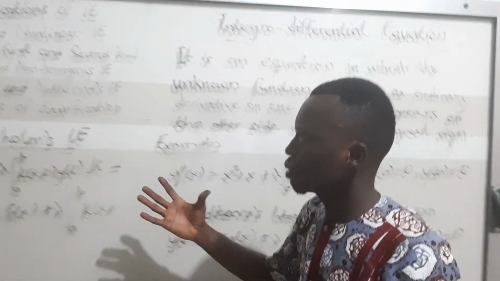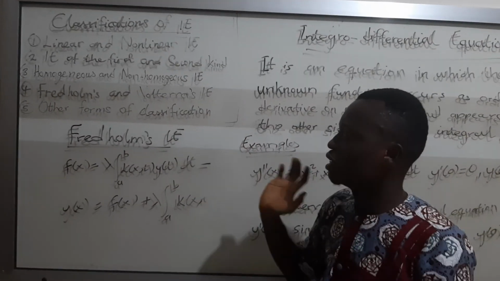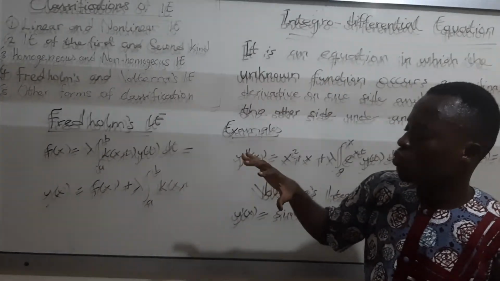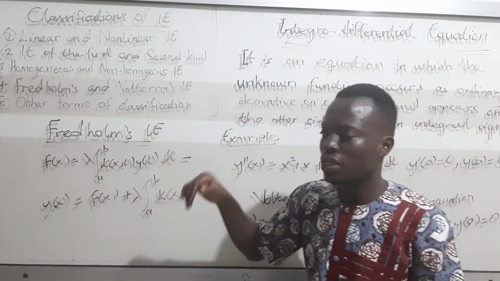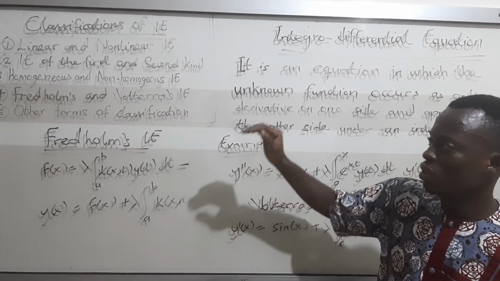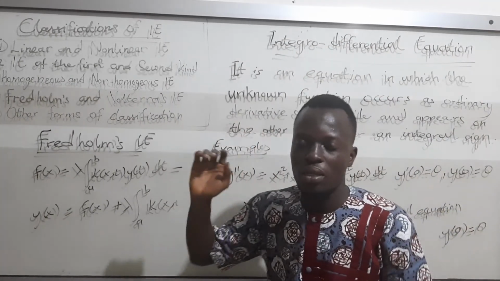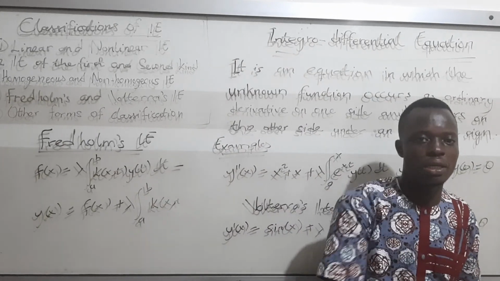So this is all we can do about classification of integral equations. In our next session, we will take a question to investigate whether a function is a solution to an integral equation, and also try to convert Volterra's integral equation of the first kind to the second kind.